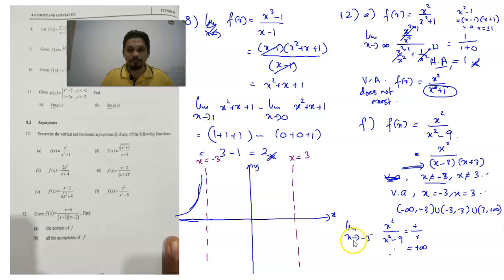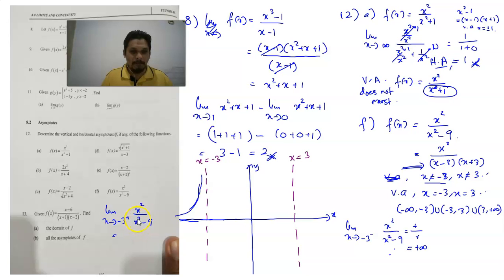Okay, it looks terrible here. Limit of x approaching negative 3 from the right of x squared divided by x squared minus 9. So from 0, negative 1, negative 2, negative 2.5, negative 2.7, negative 2.99. Negative 2.9 squared is 8.41, a negative squared is positive.